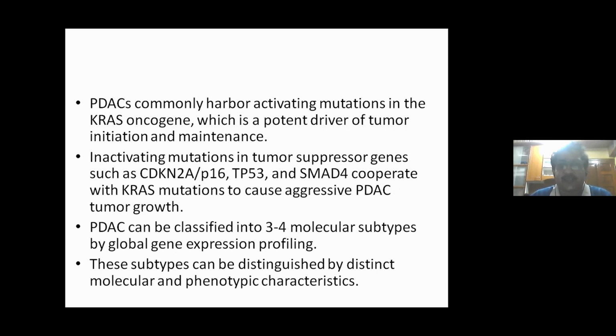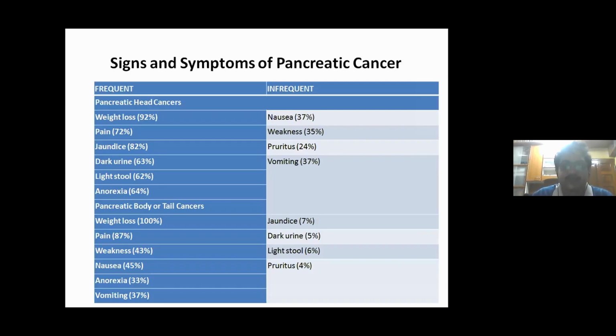Inactivating mutations in tumor suppressor genes such as CDKN2A (P16), P53, and SMAD4 cooperate with KRAS mutations to cause aggressive PDAC tumor growth. PDAC can be classified into 3 to 4 molecular subtypes by global gene expression profiling. These subtypes can be distinguished by distinct molecular and phenotypic characteristics.